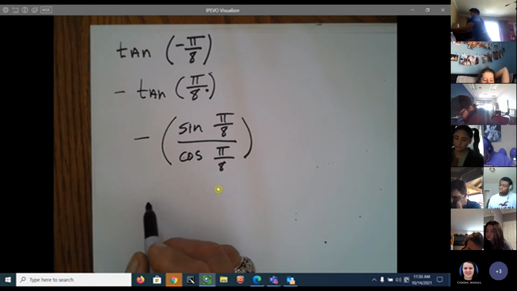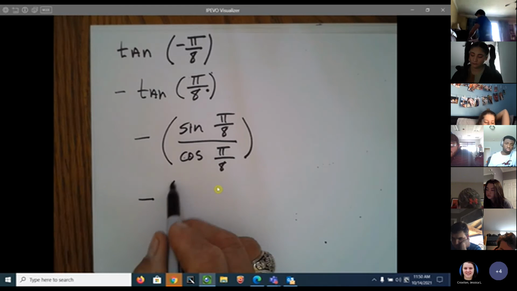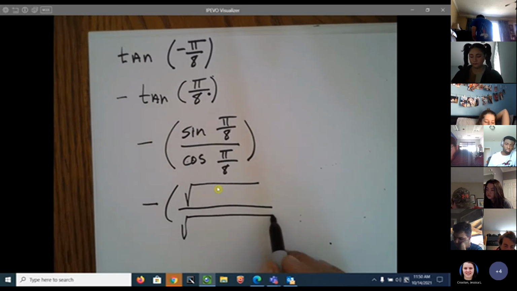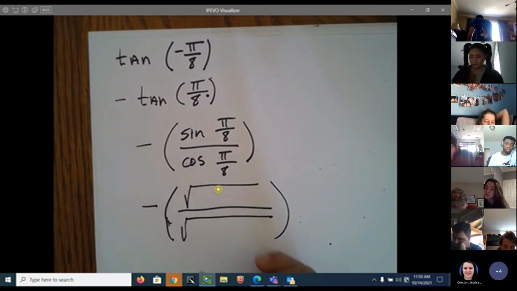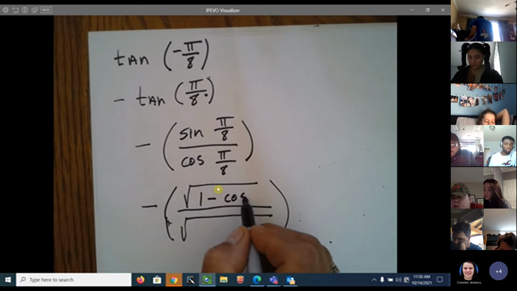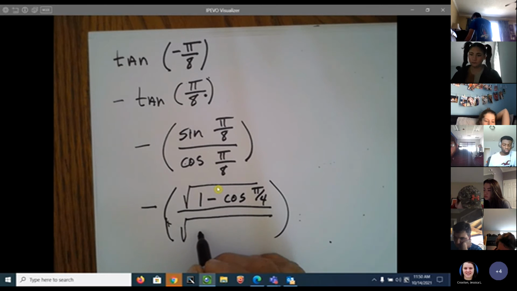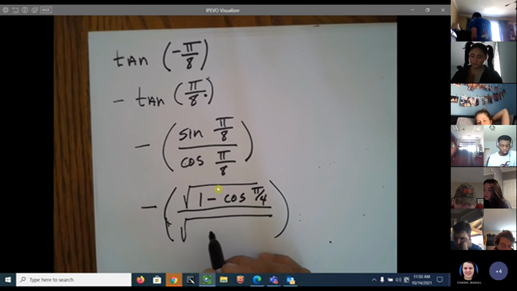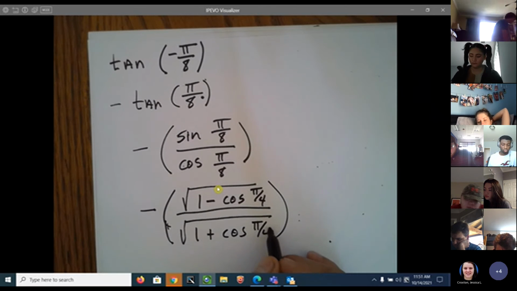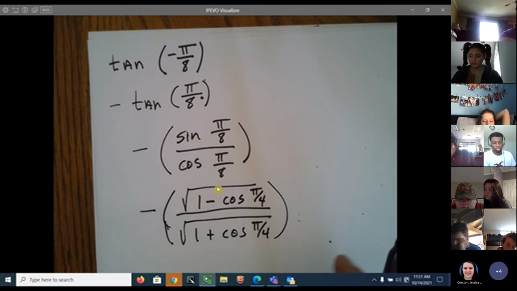So that's going to be negative square root over square root, and that's going to be 1 minus cosine of pi over 4. And this is going to be 1 plus the cosine of pi over 4. Pi over 4, you multiply this by 2, you get pi over 4.